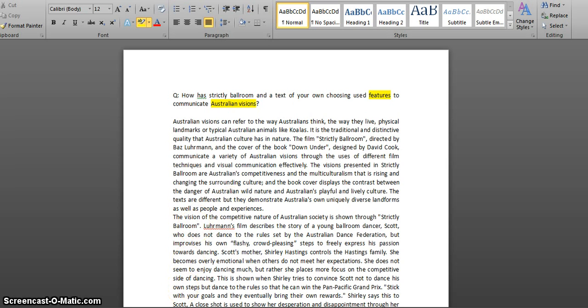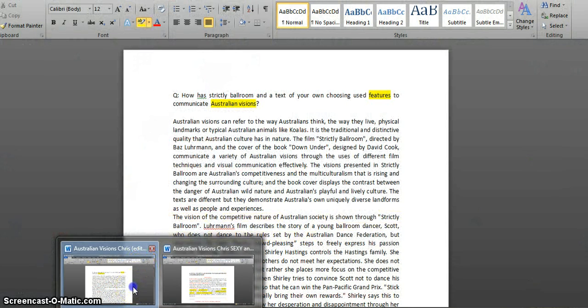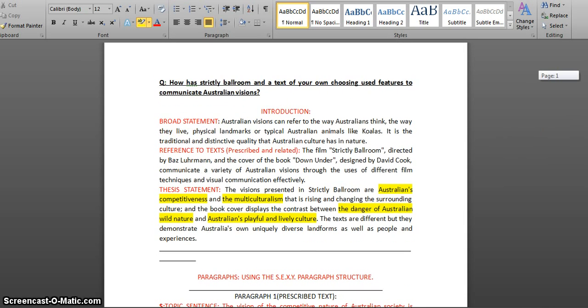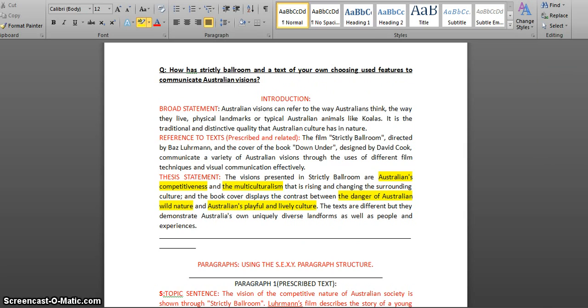So I came up with a way to show you how he constructed this essay by just splitting up the sentences and explaining them. So the first part is obviously the introduction, and he has introduced his essay using a broad statement.